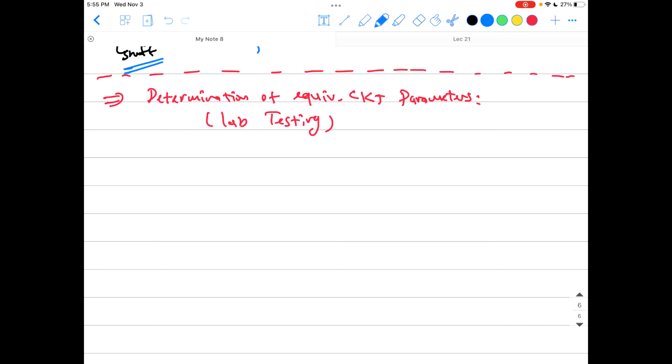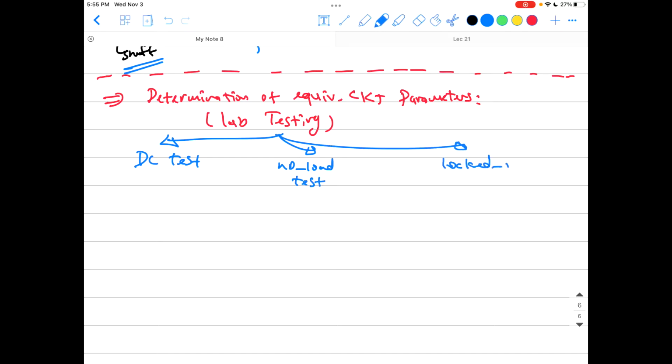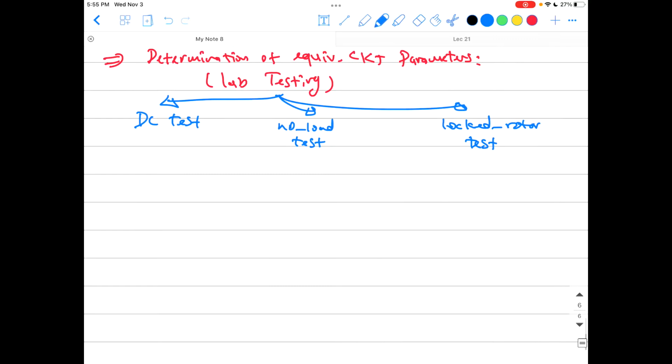We'll have three tests here in the induction machine: the DC test, also like the synchronous machine, the no-load test, and the locked rotor test. I'm going to start with the DC test. That is the first test. Okay?